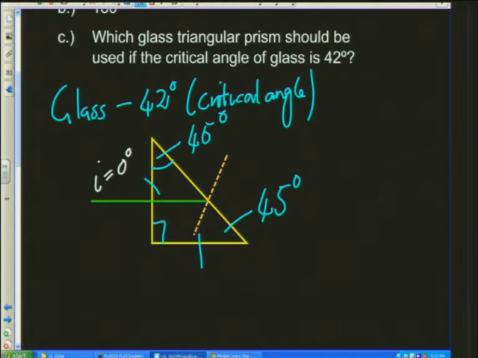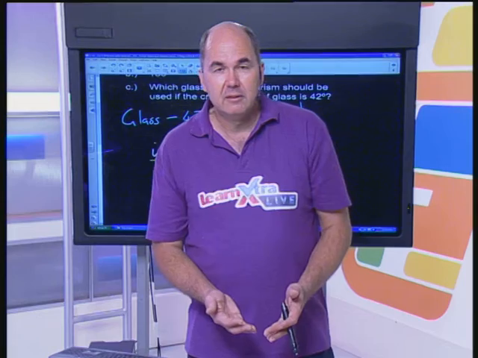So that angle is 45, that angle is 45. If I've got an angle of incidence of 45 degrees there, is that bigger or smaller than the critical angle? Yes, it's bigger. It's 3 degrees bigger.